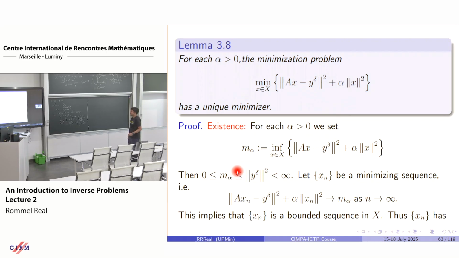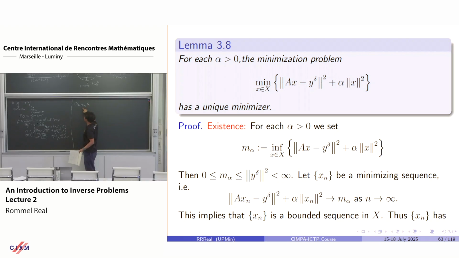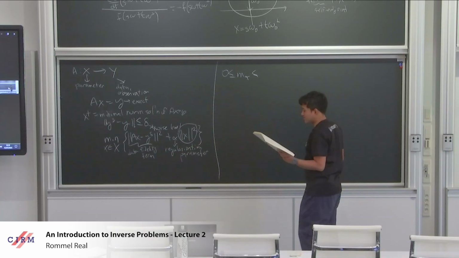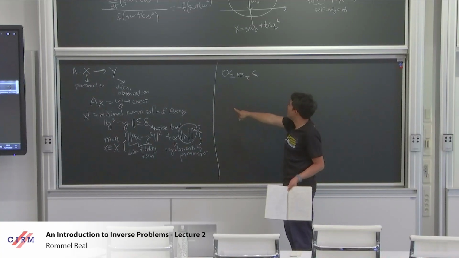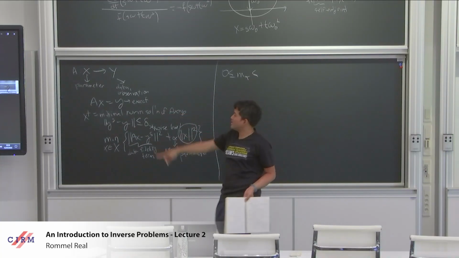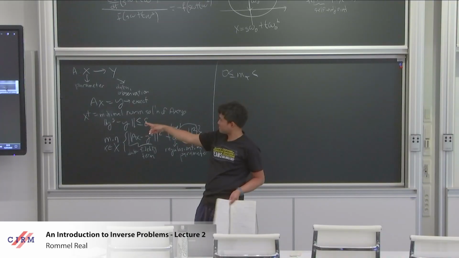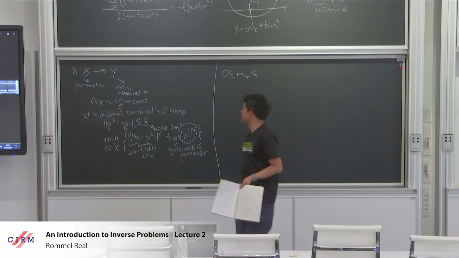By definition, m sub alpha is non-negative. And because m sub alpha is the infimum, it is also less than or equal to the value of the Tikhonov functional at any other point.